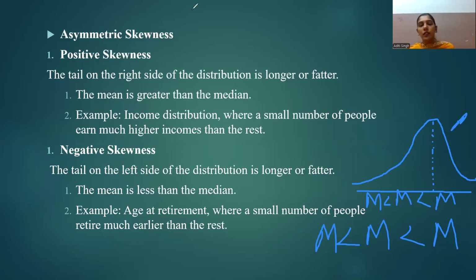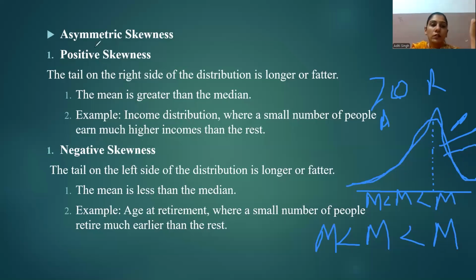If the standard retirement age is 70, some people, like in the army, can take voluntary retirement after a specific period of service. These early retirements create a longer left tail in a frequency distribution curve.